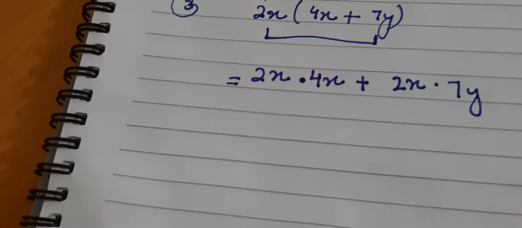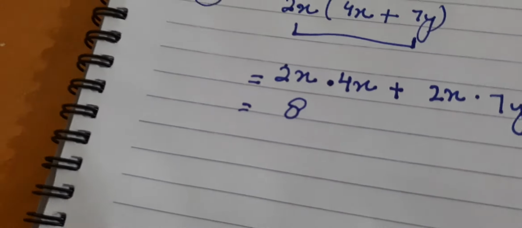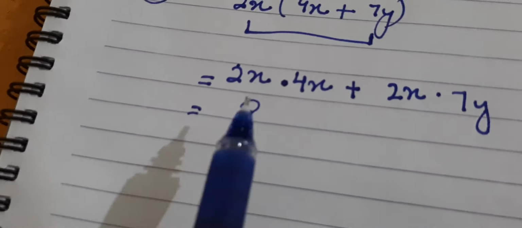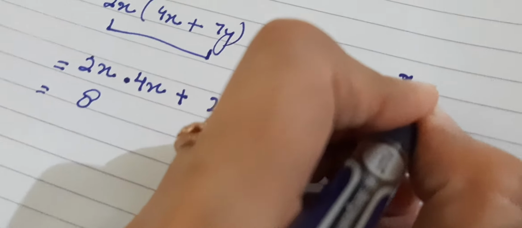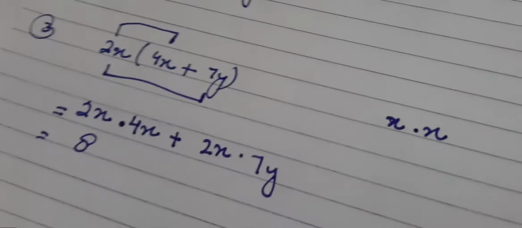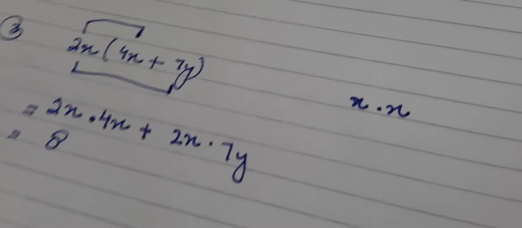Now here what do we have? We have the coefficients 2 and 4. They will multiply together. 2 multiplied by 4 is how much? 8. And then we have the variables over here. The variables multiply with each other. Now, when the same variable multiplies with itself twice or as many times, for example, I'll show you over here, x multiplied by x. Now x is multiplying twice. When we multiply a similar thing more than once, the power of that number or that variable increases.